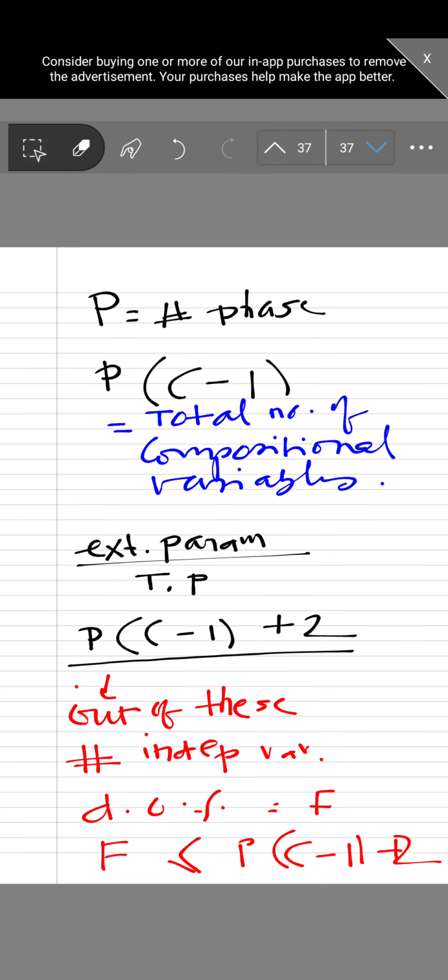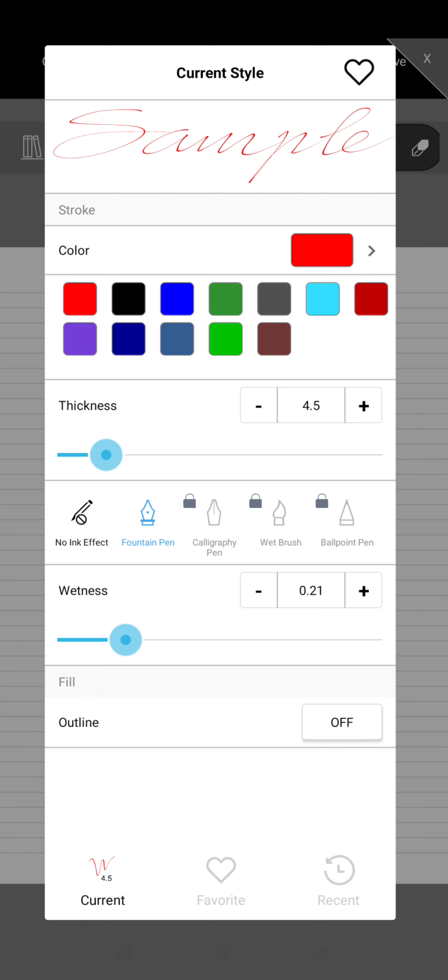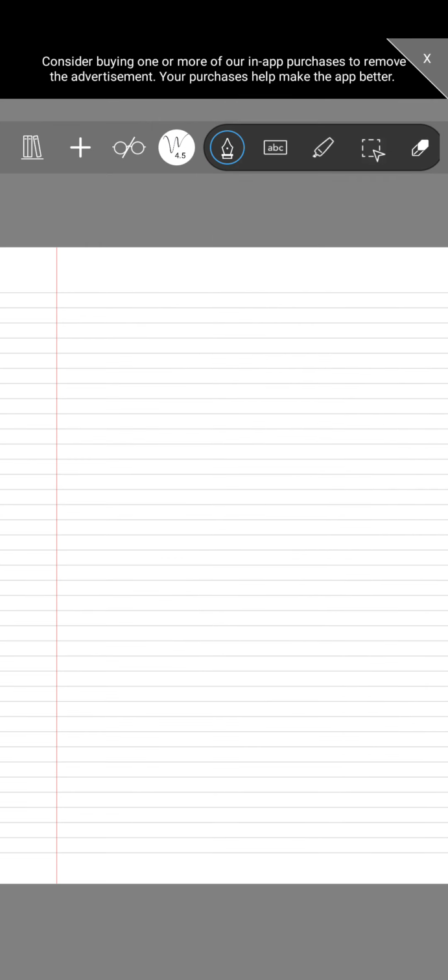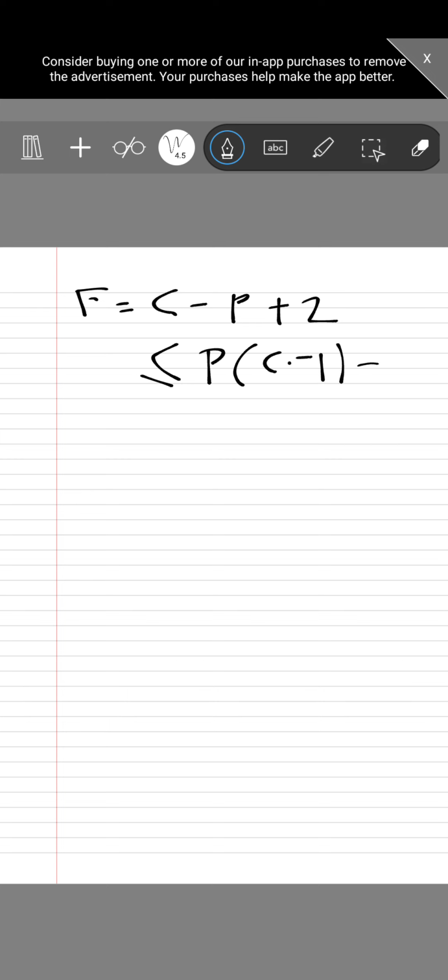So F, which is equal to C minus P plus 2 as per the Gibbs relation, is less than or equal to P into C minus 1 plus 2.